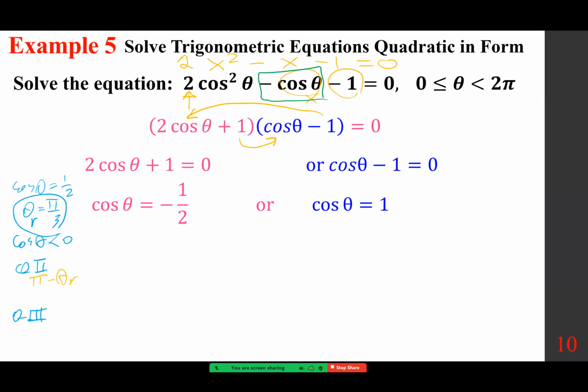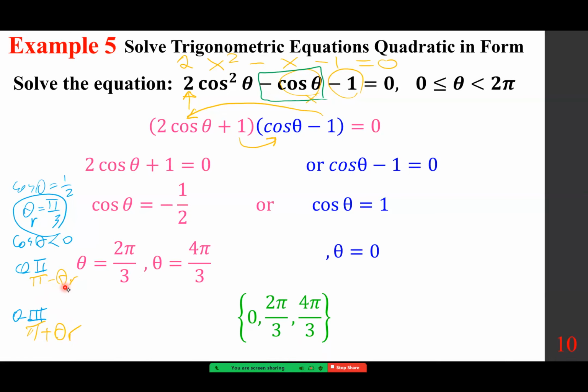In quadrant 3, pi plus the reference arc. So if I add pi to that, I get 4 pi over 3 here. If I subtract it from pi in the second quadrant, I get 2 pi over 3. This is how you get all of those. And now you write, this is theta equals 0, and you write all of them together.